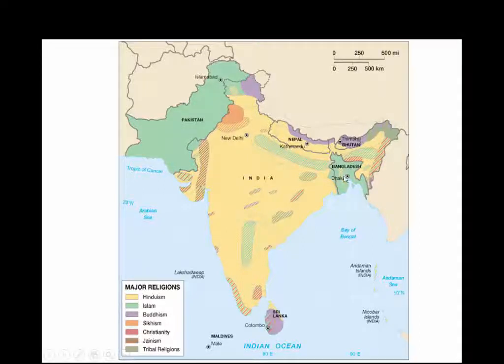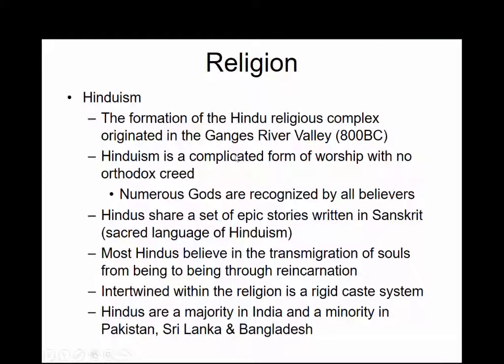So they created a Bangladesh and a Pakistan. But we can see some of these interfaith boundaries up here in the north and along the Pakistan border. We have a religion called Sikhism, which takes elements of both Islam and Hinduism.